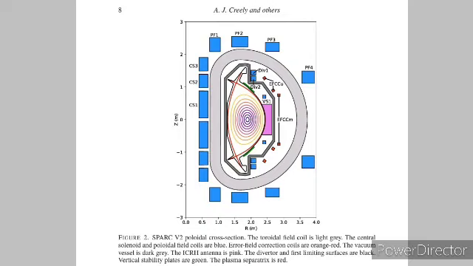Both carbon and tungsten are currently under consideration as the material for plasma-facing components. This trade-off is described in detail in Kuang et al., and to a lesser extent in Sweeney et al.